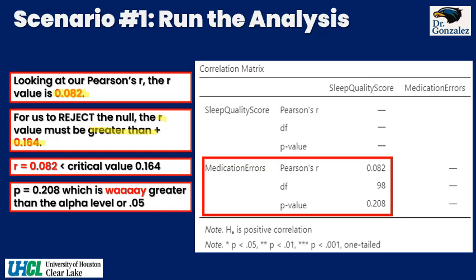So up here, my R is smaller than the critical value of 0.164. Great. How you evaluate that in Jamovi? Looking at this p-value. Okay? We set our alpha level at 0.05.